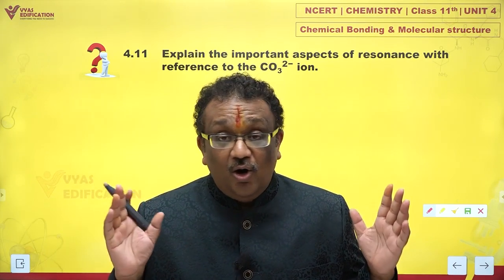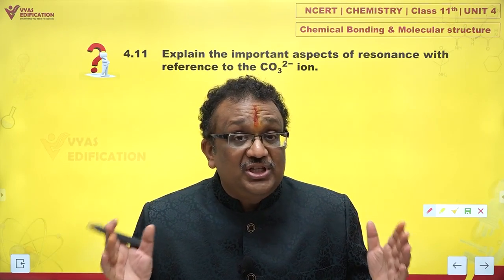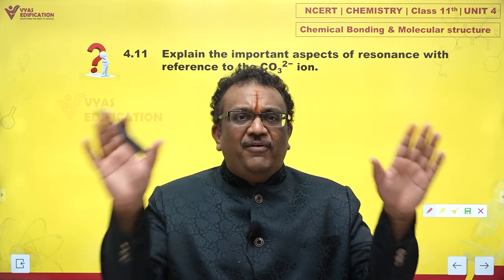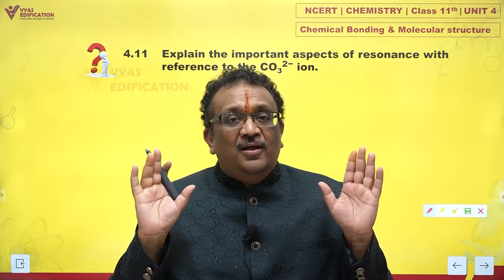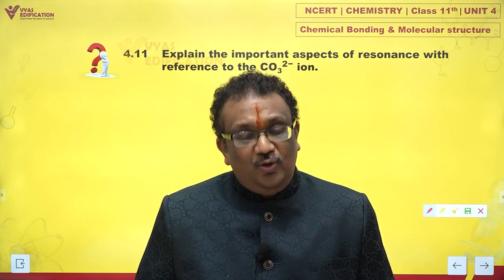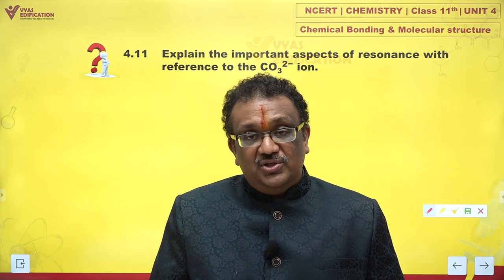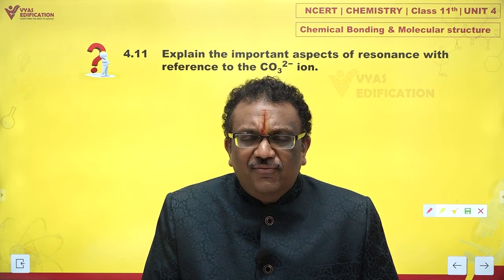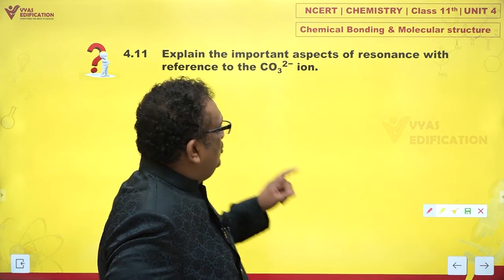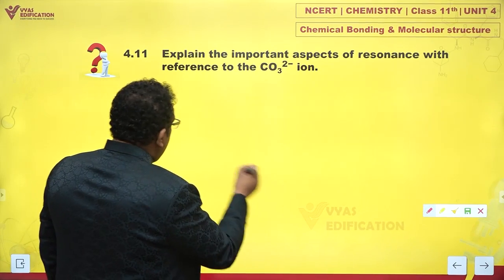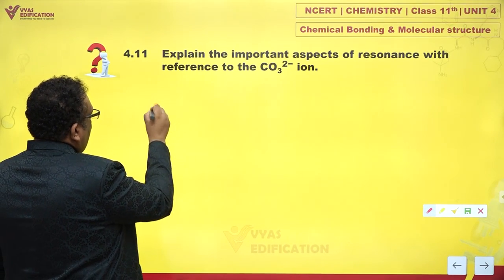Please remember, not written. The actual structure can be imagined as if it is somewhere in between two or more Lewis dot structures which are called contributing structures. That is confusing. Let me tell you this with reference to carbonate ion. Say for example, we write down the structure of carbonate ion.